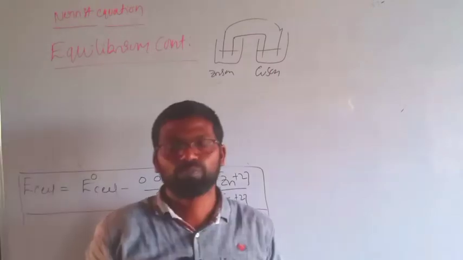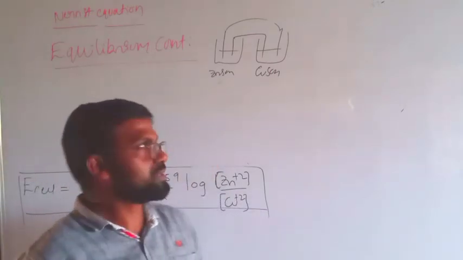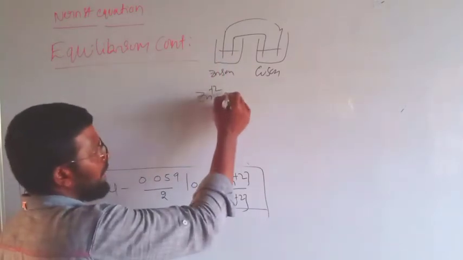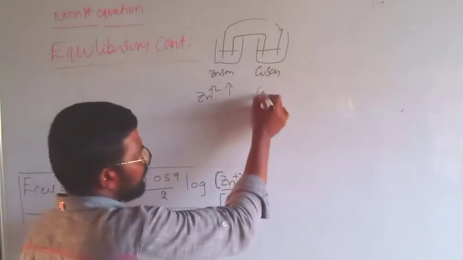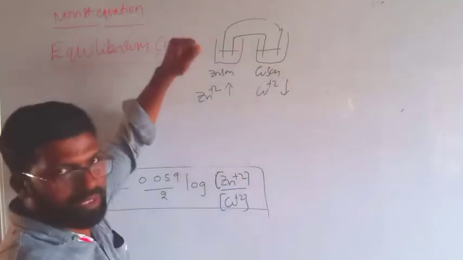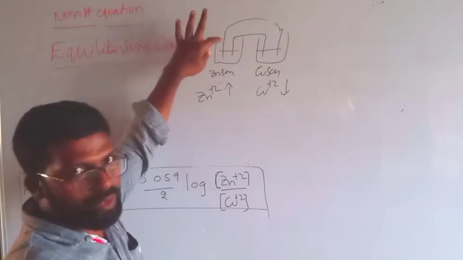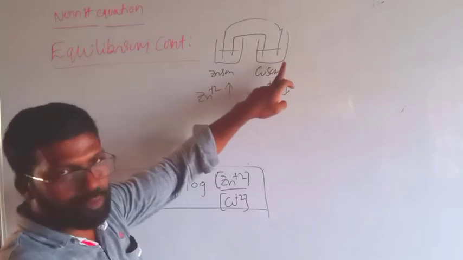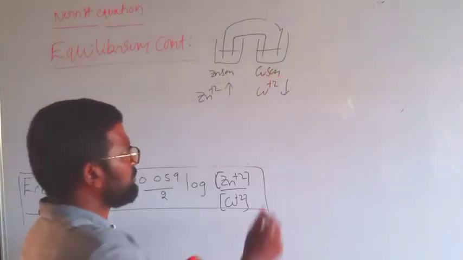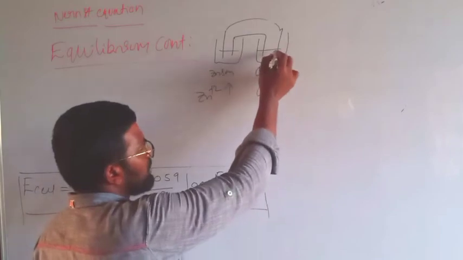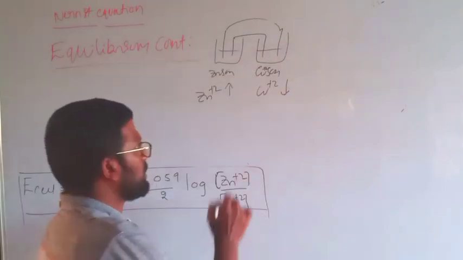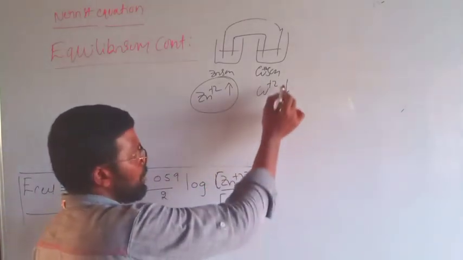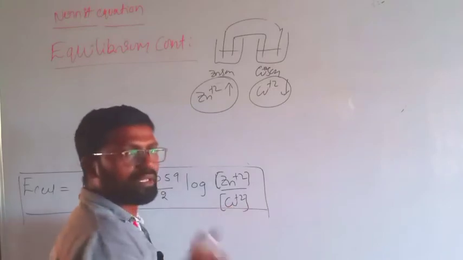It was observed that in the beginning of the process, the concentration of Zn plus 2 ions gradually increases and the concentration of Cu plus 2 ions gradually decreases. This is because the zinc metal dissolves and releases Zn plus 2 ions into the solution, whereas in the cathodic compartment, Cu plus 2 ions from the solution get deposited on the surface of the cathode.